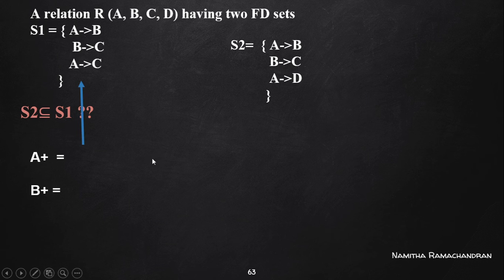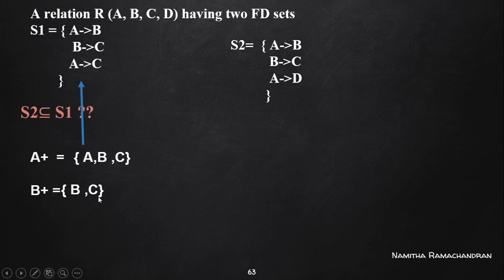A closure with respect to S1: A is directly added, then from this dependency it can derive B and B can derive C. Similarly B closure is B directly added, then using this dependency C is also added.